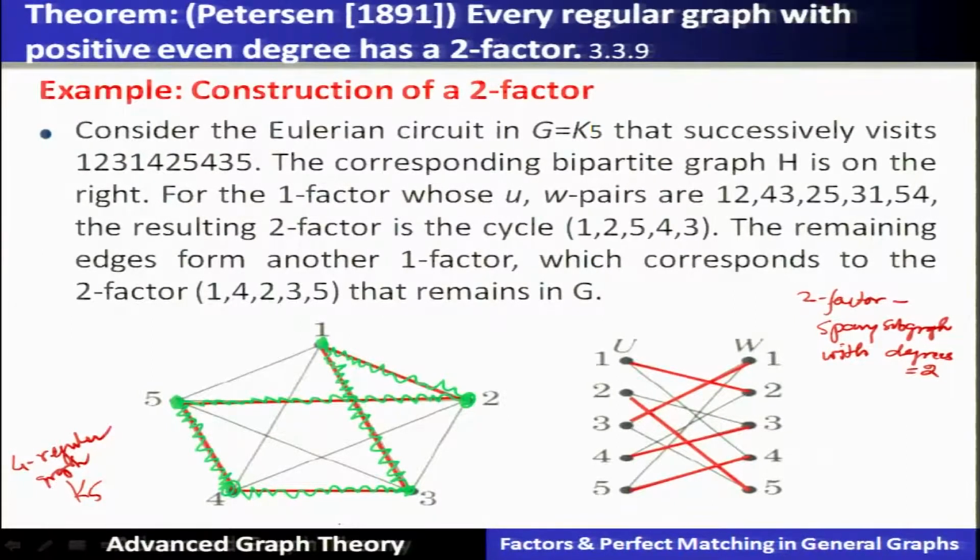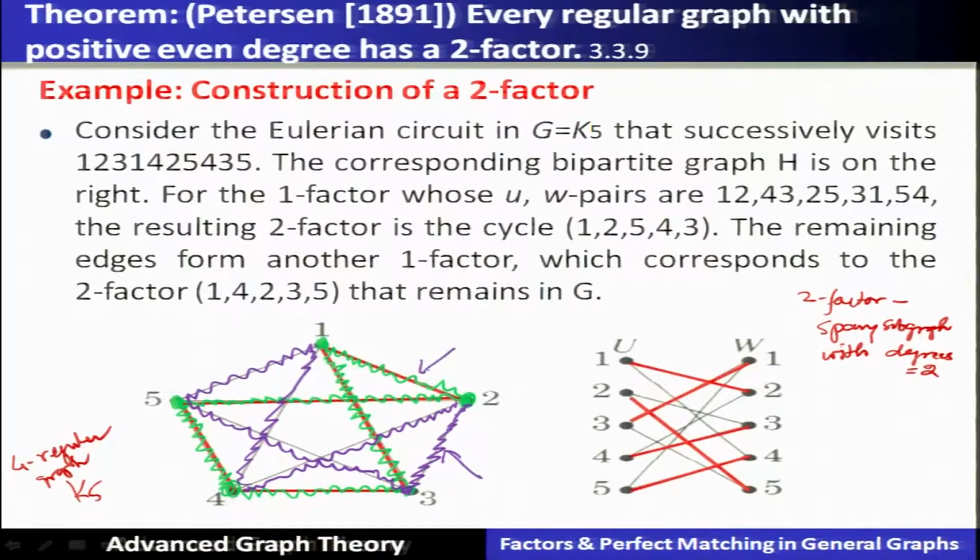This is a 2 factor. Another 2 factor we can also identify. Let us begin: we can reach 2, we can reach 4, we can reach 1, we can reach 5, we can reach 3 back again. So, this is another 2 factor.